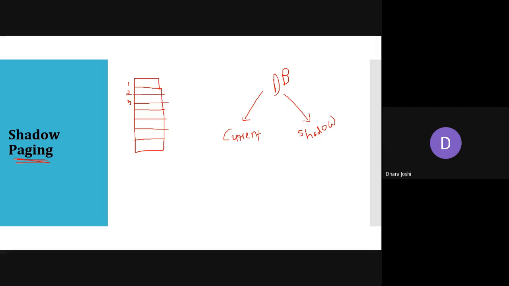Whenever we start a transaction, suppose this transaction is started, like transaction T1, at this time both the current as well as the shadow are initially identical. Identical means they follow the same way, they are equal, they are similar to each other. Suppose this is the current page table and this is the shadow page table.